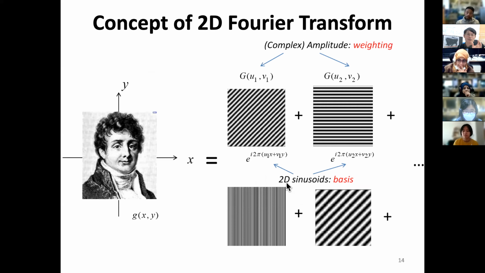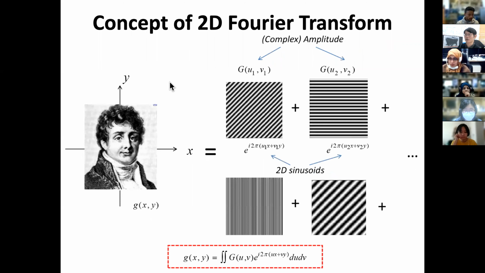These are the basis functions for the 2-dimensional Fourier transform. Likewise for U2, V2, U3, V3, U4, V4, and all these. With each basis multiplied by its weight, which contains complex amplitude and even phase differences, that will form this g of X and Y. This is nothing but a graphical representation of our 2-dimensional Fourier analysis, or transform.